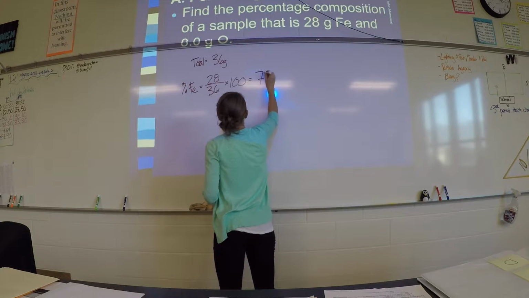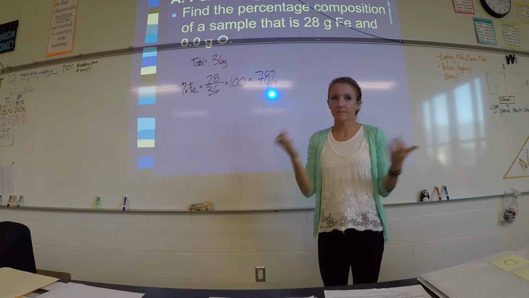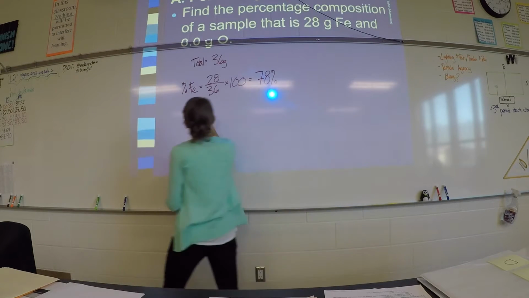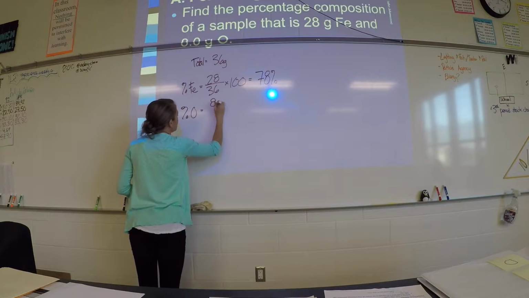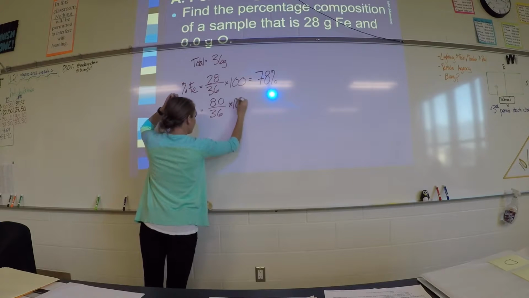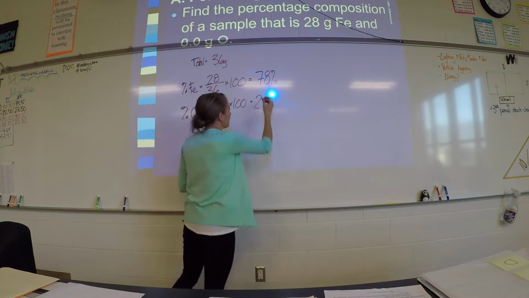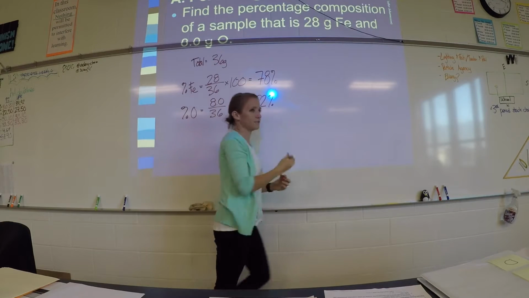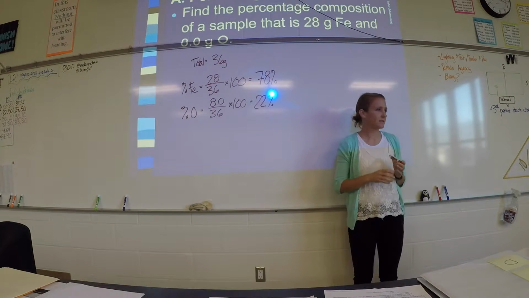Okay, so it actually would round up to 78%, since those are only 2 sig figs. Right, our answer would be 2 sig figs. And then the percent of oxygen, same thing, would be 8 over 36 times 100, which ends up being 22, right? After rounding? 22%. Okay, any questions on that?